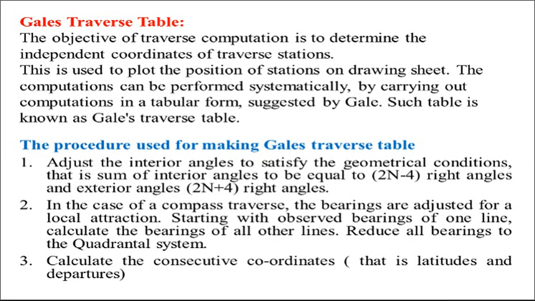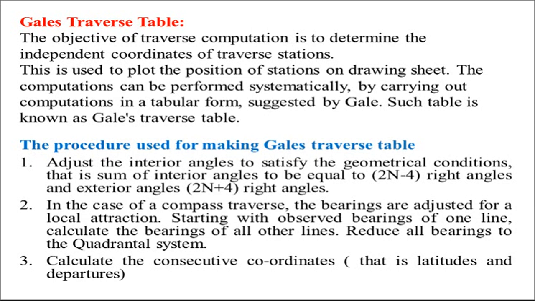Next, the procedure used for making Gale's traverse table. In this, various steps are there, and by using these steps we can find out each and every component of the Gale's traverse table. The first step is to adjust the interior angles to satisfy the geometrical condition, that is, the sum of interior angles should be equal to (2n minus 4) into 90 degrees.